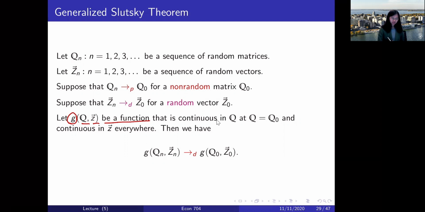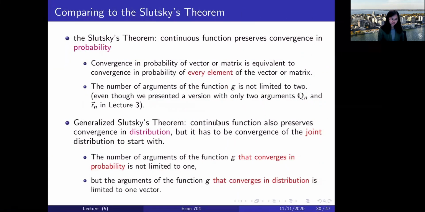Right, so comparing to Slutsky's theorem we used for proving consistency, there is some difference. Slutsky's theorem simply says continuous functions preserve convergence in probability.